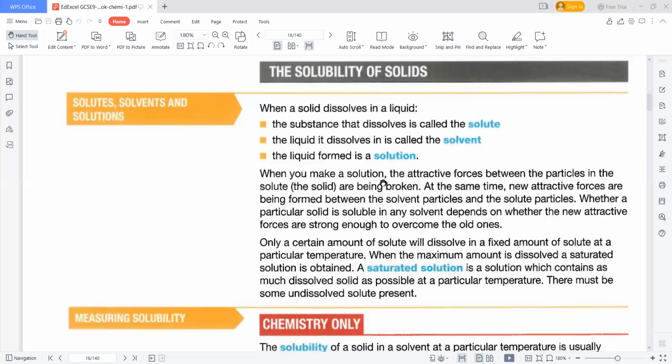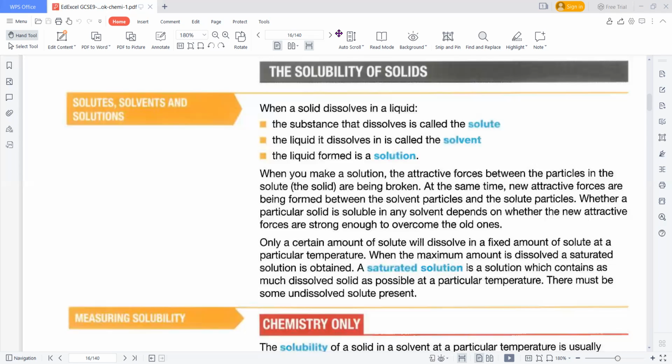So when you make a solution, the attractive forces between the particles in the solute, which was generally solid, are broken down, because they are going to be dissolved in the solvent. At the same time, new attractive forces are formed between the solvent particles and the solute particles.